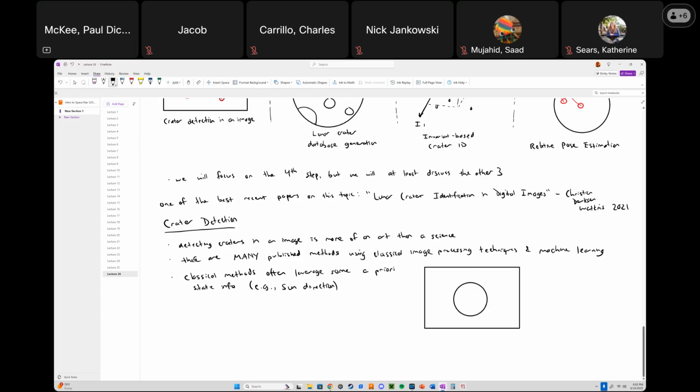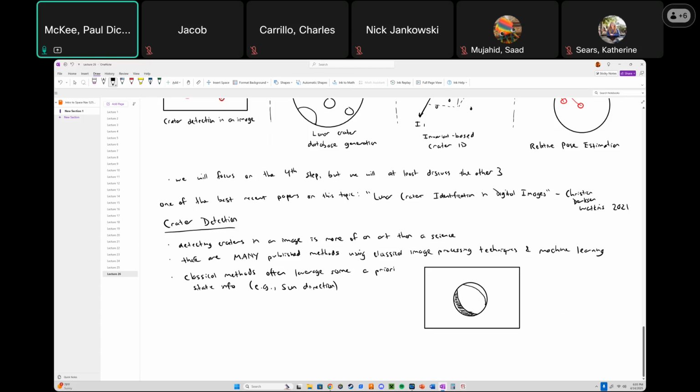What you'll notice is that there is a particularly bright region on one side of the crater and a particularly dark region on the other side, right? This would be the shadow of the crater rim here. And this would be the lit portion on the opposite side, which is extra bright because it's catching extra sun.